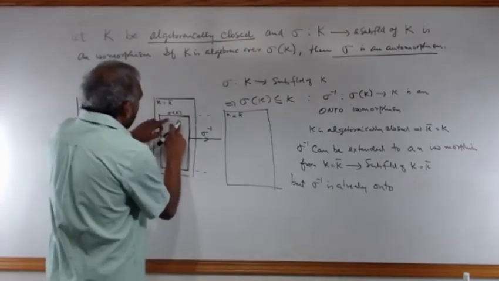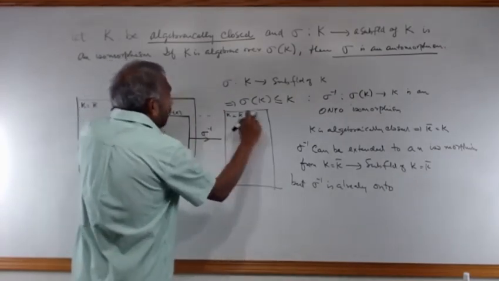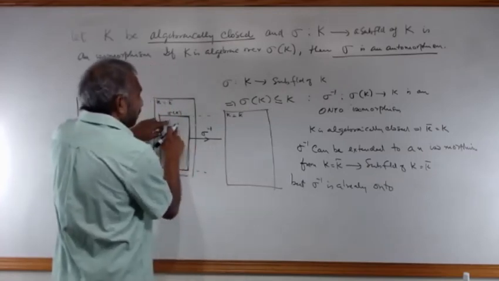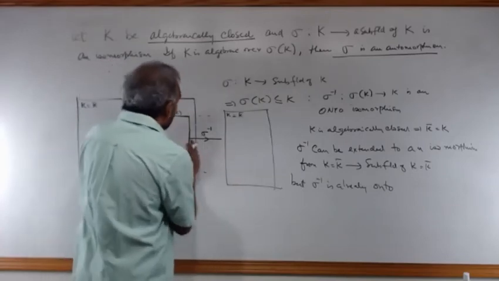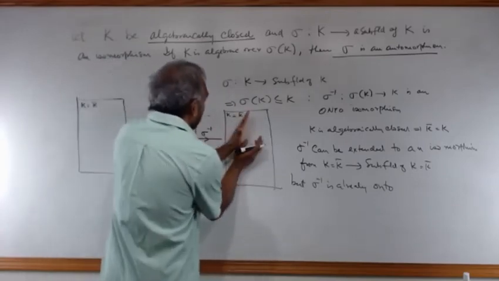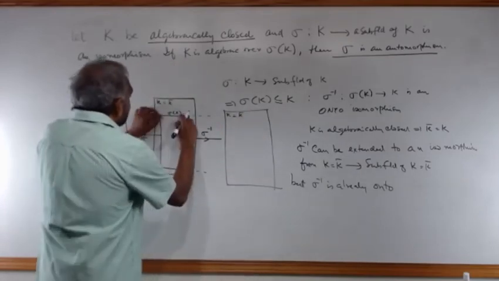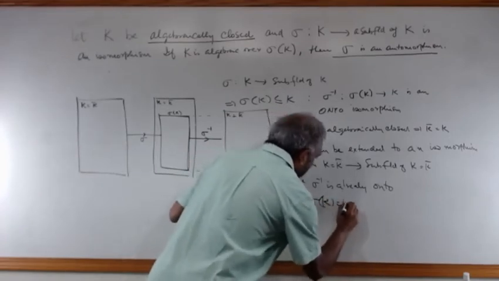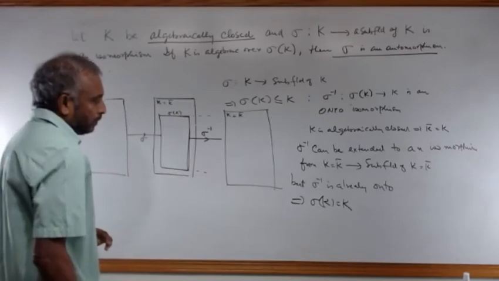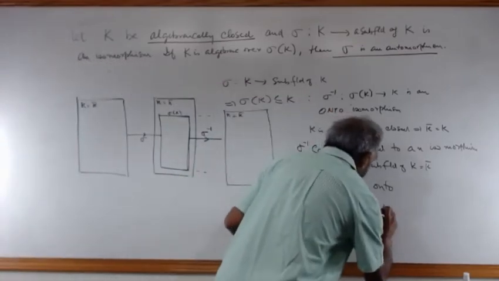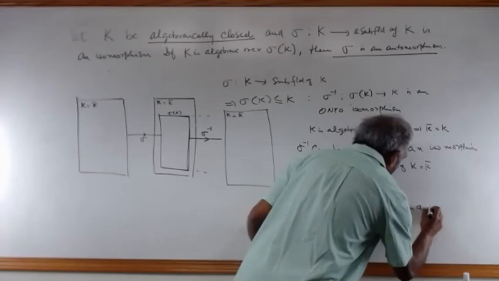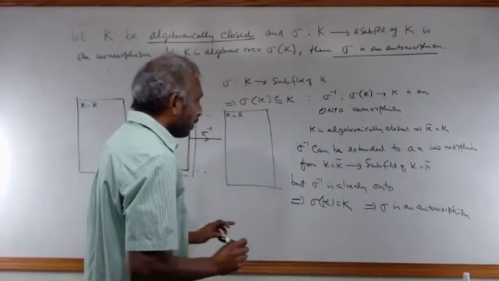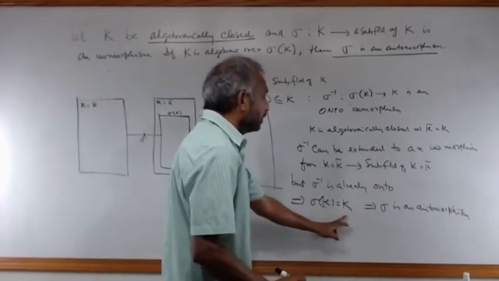See, you are talking about an extension from here to the same field, which is not possible because sigma inverse of sigma K is the whole of K. That means this has to be here. And that implies sigma K is equal to K, and that implies sigma is an automorphism. What is an automorphism? An automorphism is an isomorphism from K to itself.